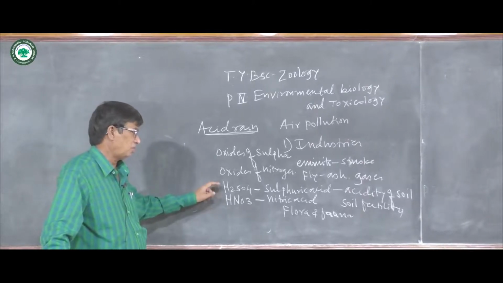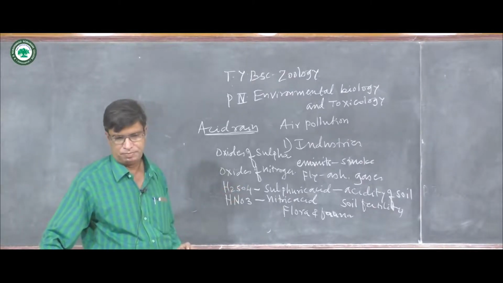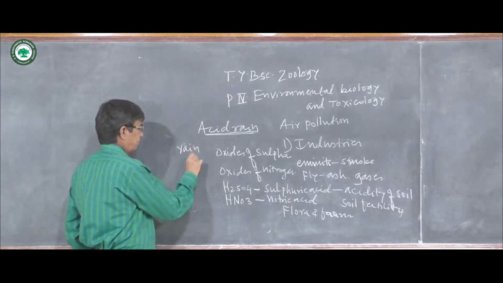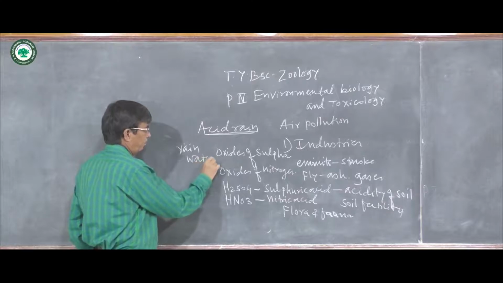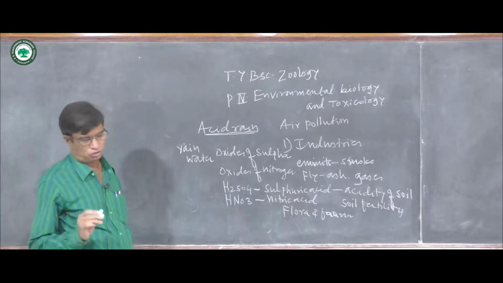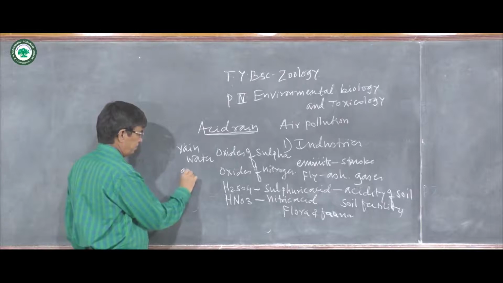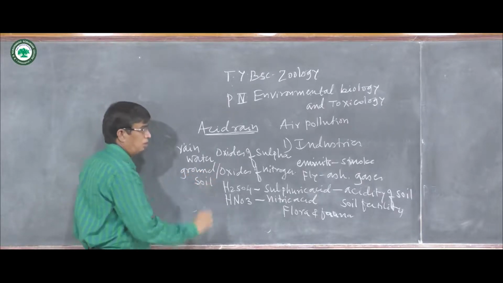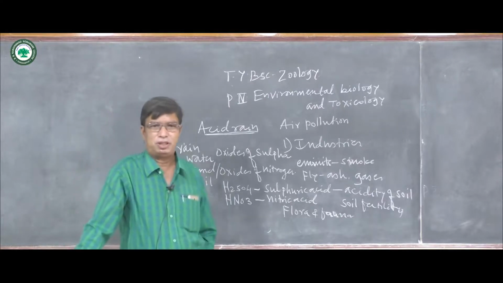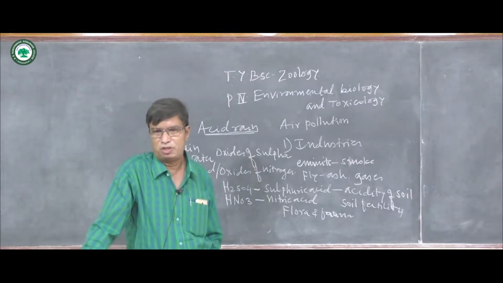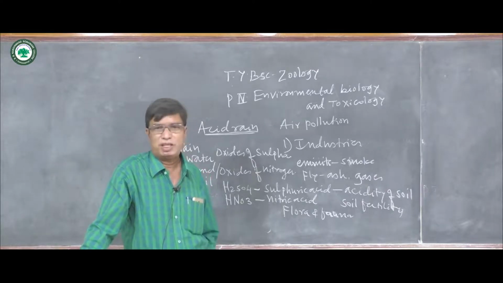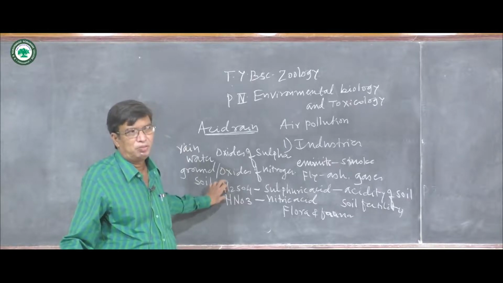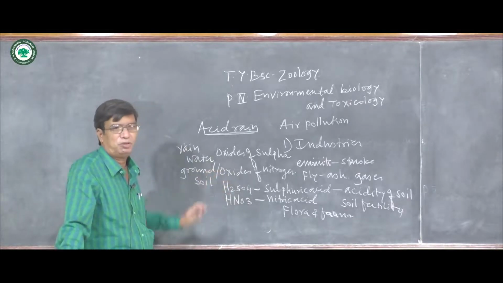And finally, such sulfuric acid and nitric acid, along with rainwater, fall on the ground, that is soil. And that becomes responsible for killing microorganisms which are found in the soil.